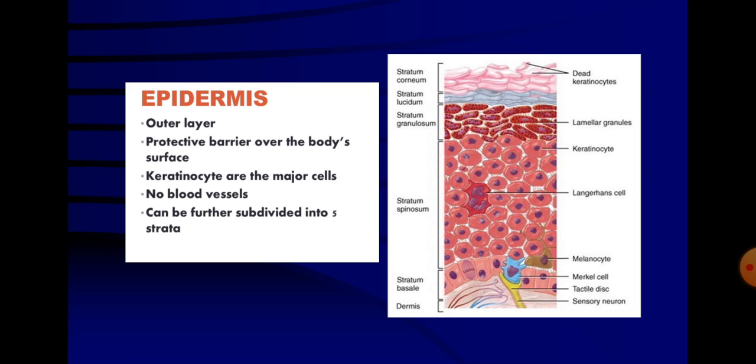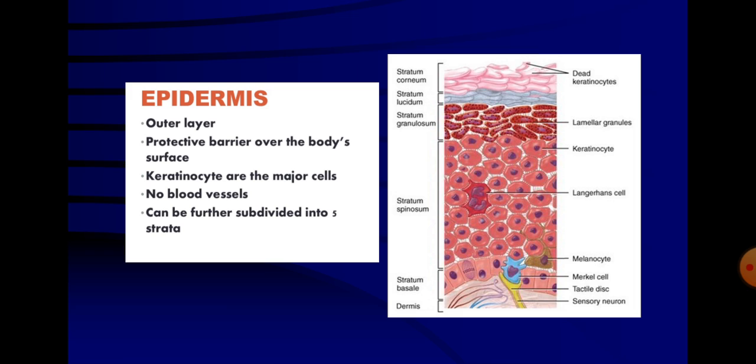There are no blood vessels, and it can be further subdivided into five strata: stratum corneum, stratum lucidum, stratum granulosum, stratum spinosum, stratum basale. Now we see that there are four types of cells in this epidermis.